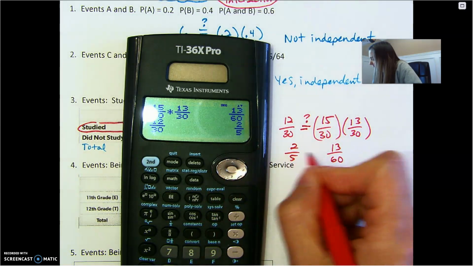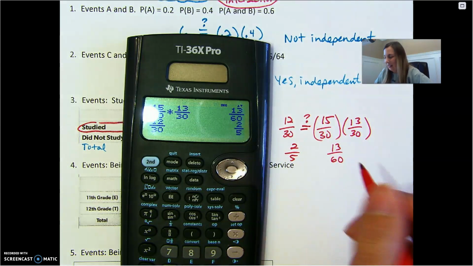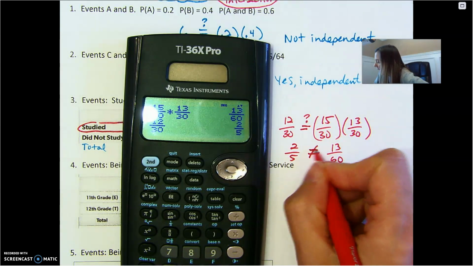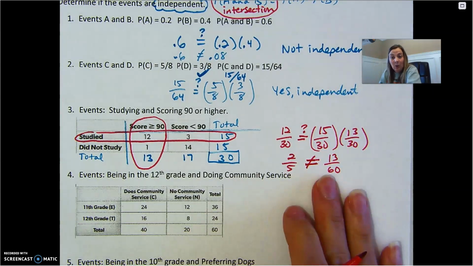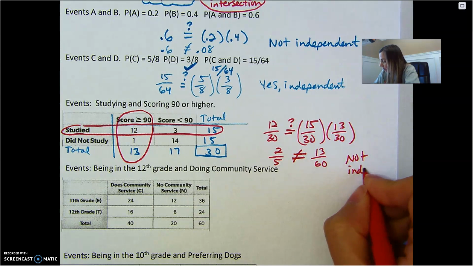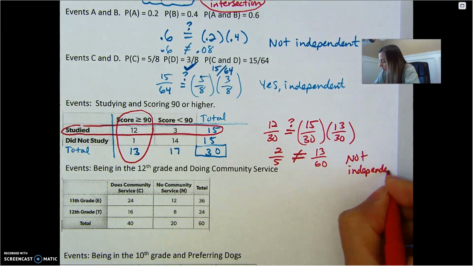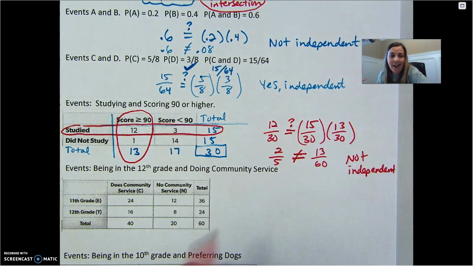And if you don't have a calculator that has the fancy fraction button, you can turn them into decimals. That's fine. Anyway, these two do not equal out. Since they don't equal out, we would say, nope, not independent. So the events studying and scoring 90 or higher are not independent. They depend on each other.